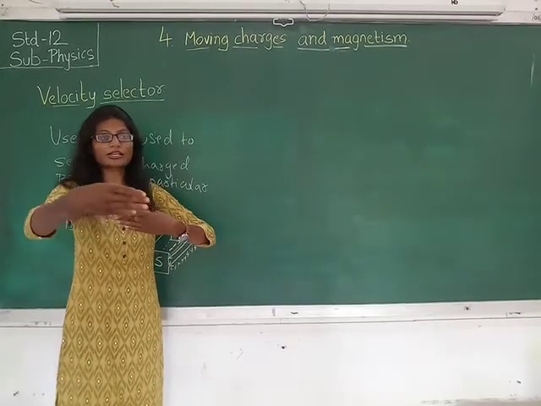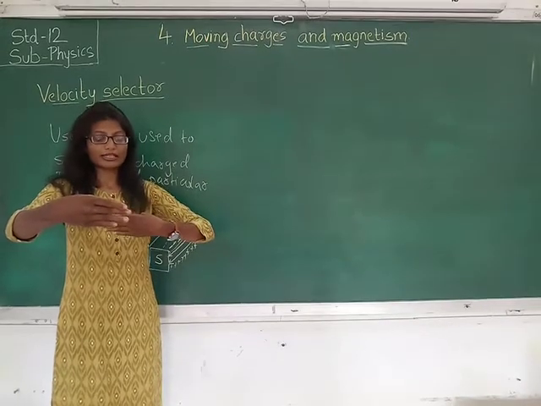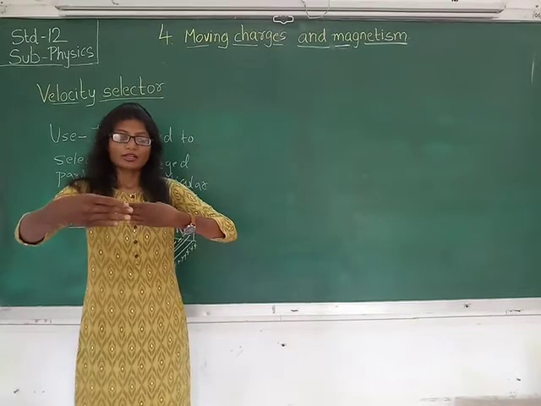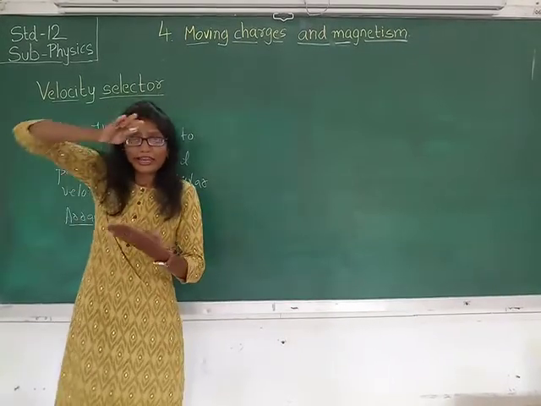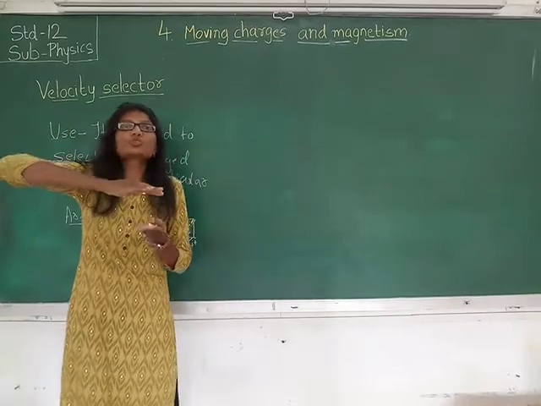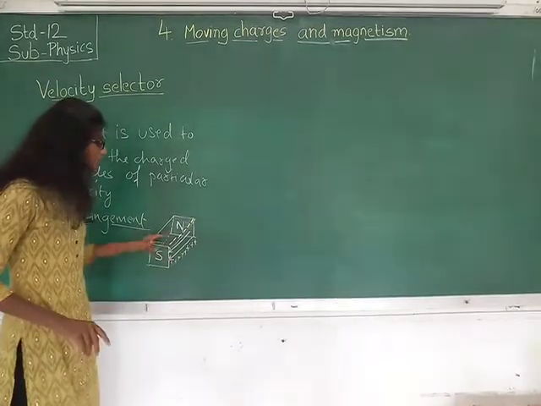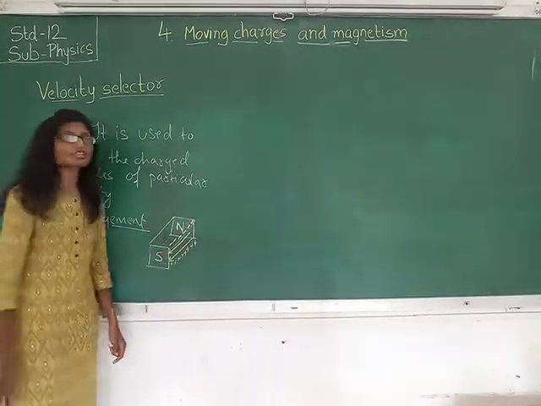At the front, the south pole of the magnet is kept, and at the back, the north pole is there. The magnetic field lines come from the north to the south pole. At the top and the bottom, two charged plates are placed. The top plate is negatively charged, and the bottom plate is positively charged.